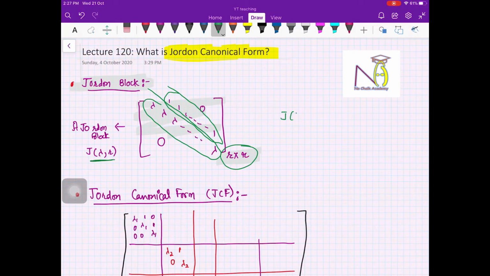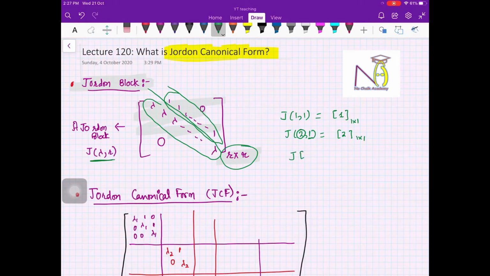For example, if I ask you what is J11, it means that it is a 1 cross 1 matrix having only one element, 1, on the diagonal, because there is no super diagonal. And if you write J21, that is a 1 cross 1 matrix. The last index is telling you the size of the matrix, having 2 on the diagonal entry.